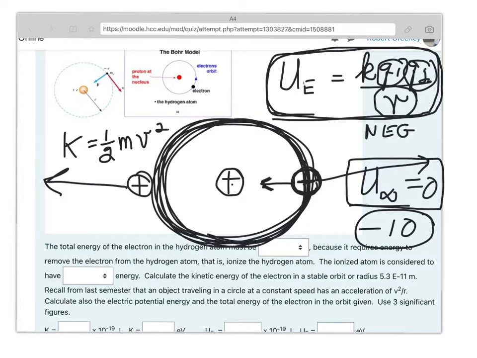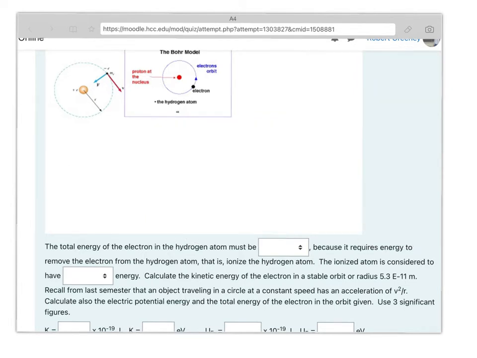We know its mass, right? It's given, but we've got to find the velocity. And the velocity we find by going back to first semester physics, when we talked about planets like the moon orbiting the sun. So let me pause. I'm talking too fast. The moon orbiting the Earth. Whoops.